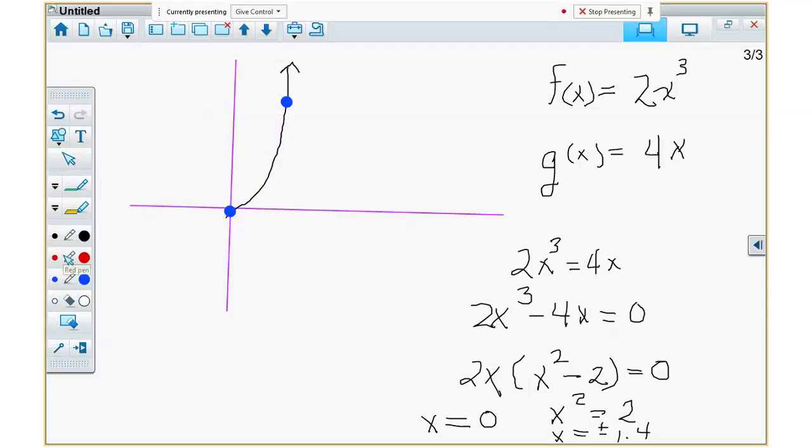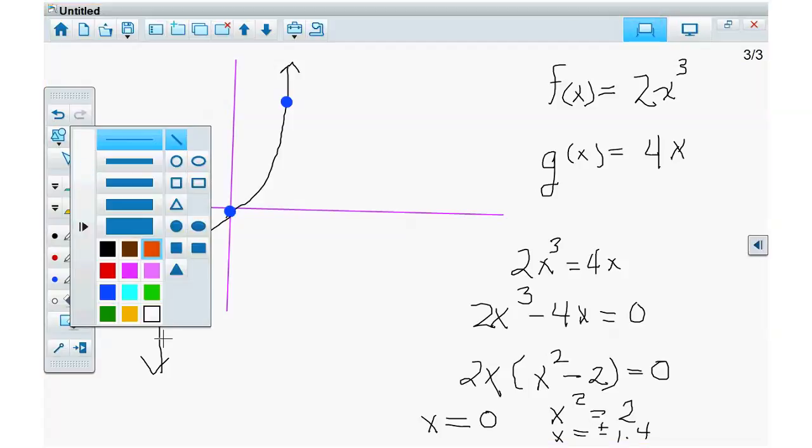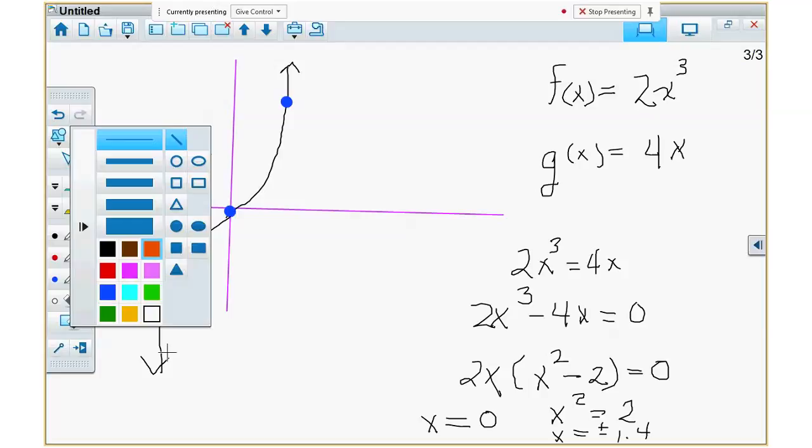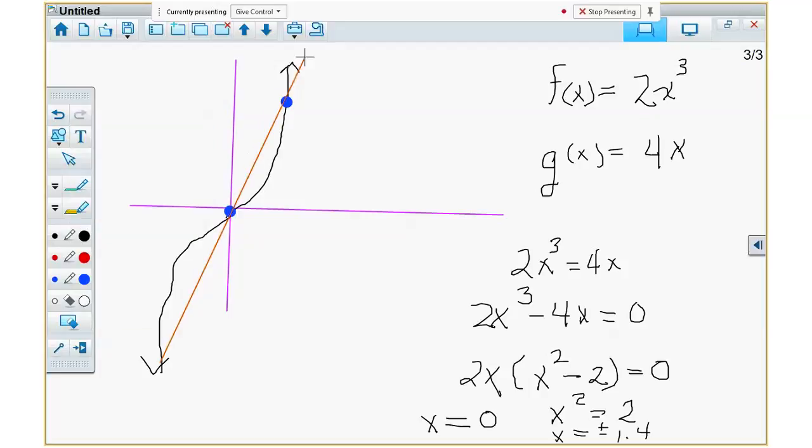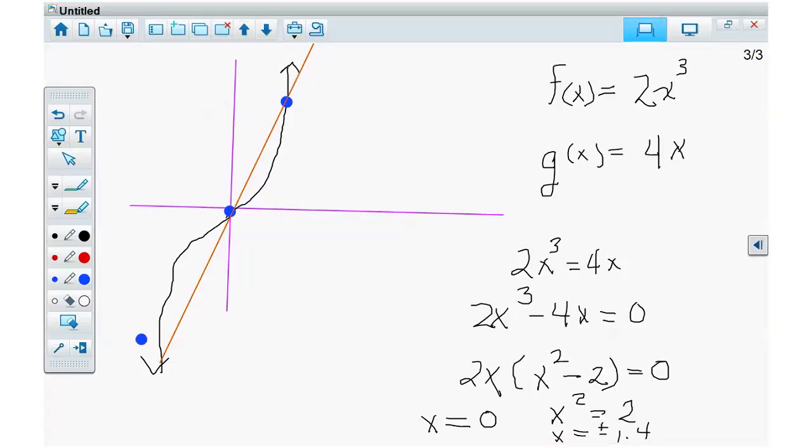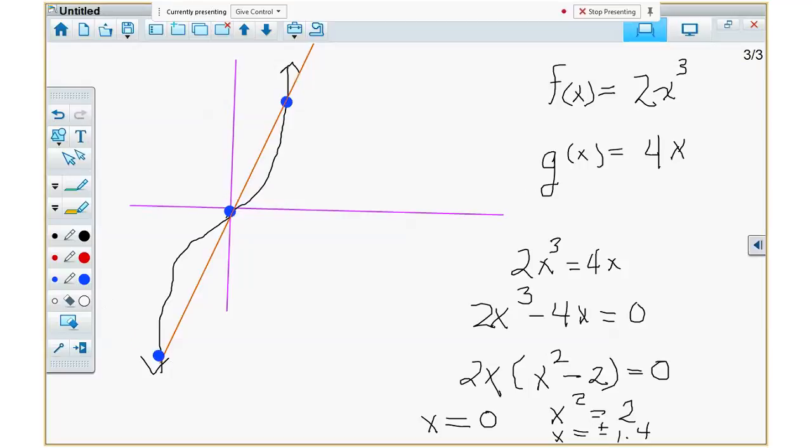I need to fix my drawing because it's not exactly the way it needs to look. So I need to go back this way. Like that. And the straight line, something like this. There we go. So at negative 1.4 it's hitting down here. Is it symmetric?